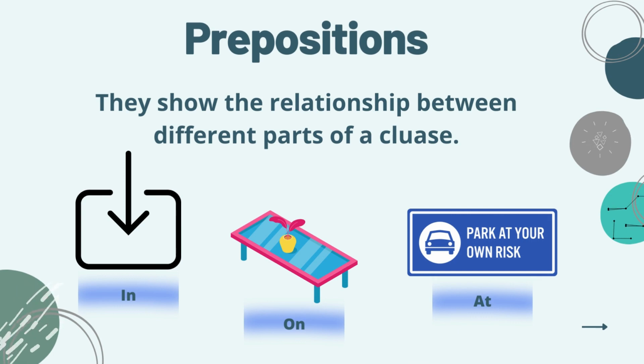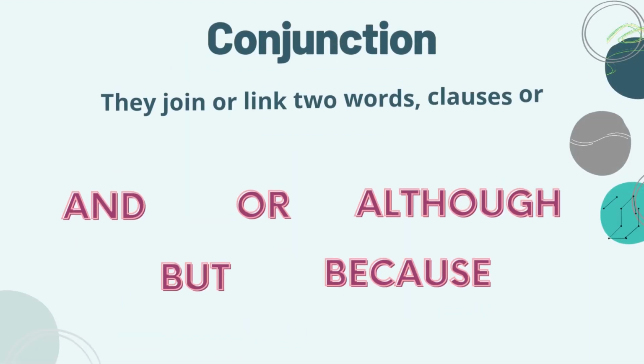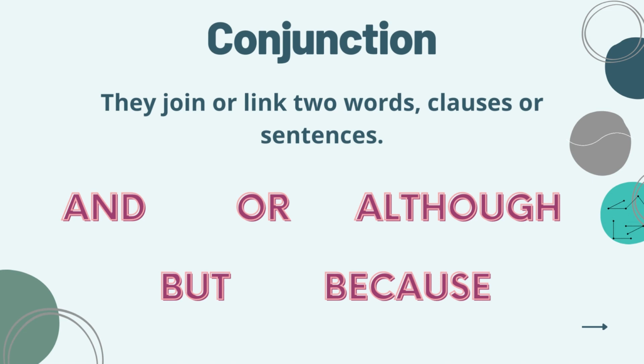Prepositions. These words show the relationship between different parts of a clause. For example, relationship of time, place, or reason. And here we have the 3 most common examples: in, on, at. Conjunctions. These words join or link 2 words, clauses, or sentences.